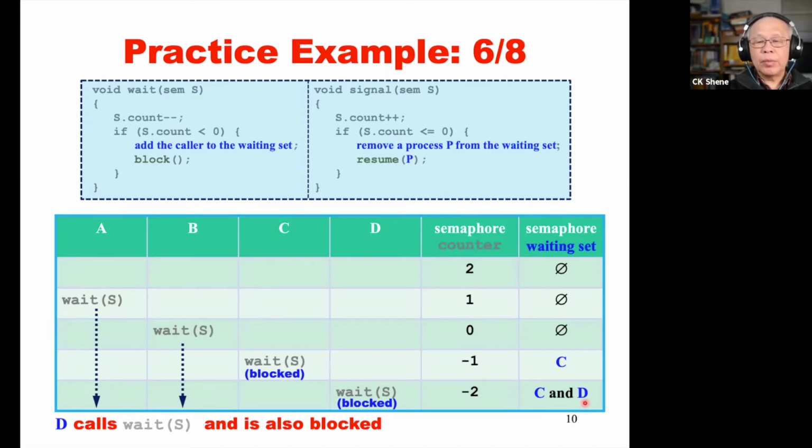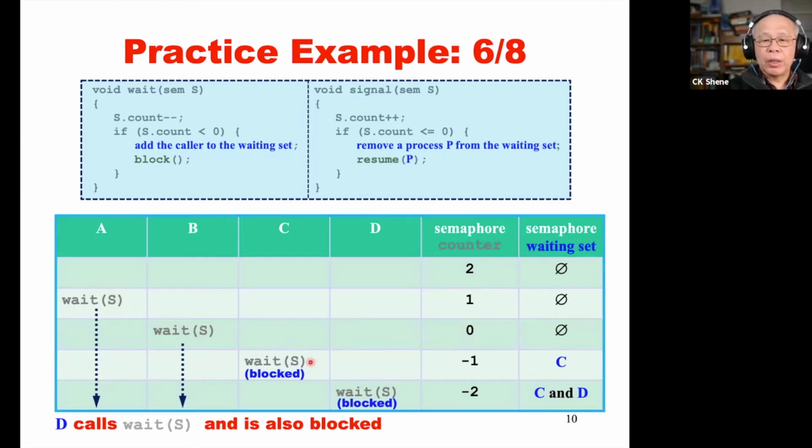From this very simple example, you know if the initial value is 2, we allow 2 threads to continue without blocking. Then when the counter reaches 0, every thread that calls wait will be blocked.